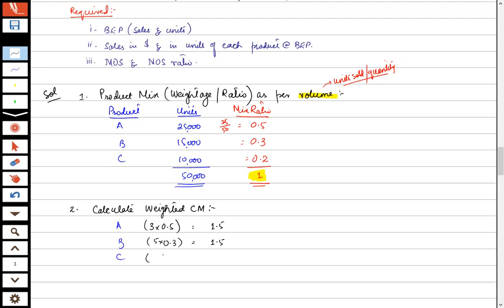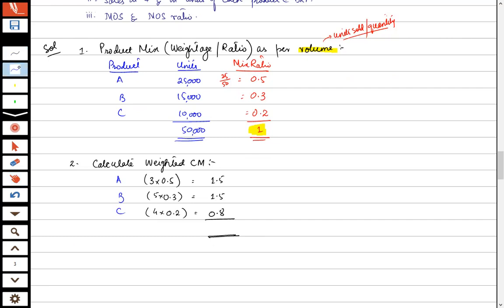Then 4 into 0.2, that is 0.8. Its total will be 3.8. It will not be equal to 1. Only the weightage, the mix ratio, will be equal to 1 and the weighted CM will be different. It's 3.8 in our case.